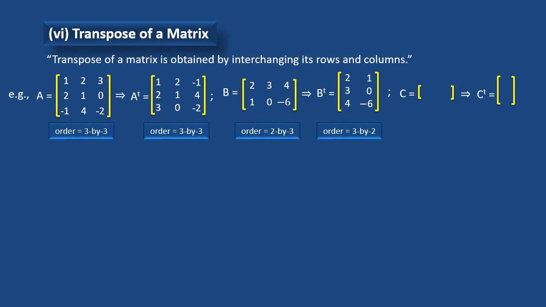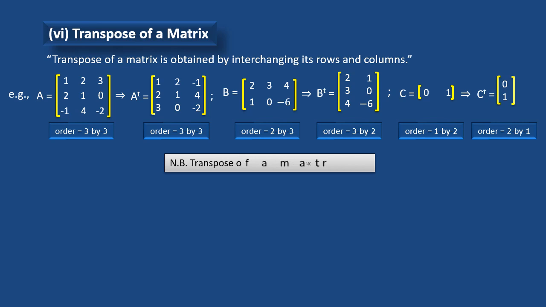Matrix C is a row matrix which becomes a column matrix after taking its transpose. Note that the transpose of a matrix is denoted by putting small t in the superscript of the symbol of the matrix.